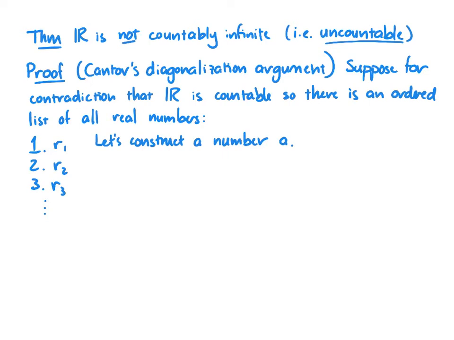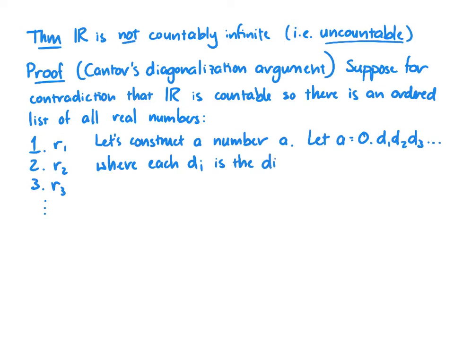So I'm going to let A look like this: it's going to be 0. followed by D1, D2, D3, and so on, where each Di is the digit in the ith decimal place.